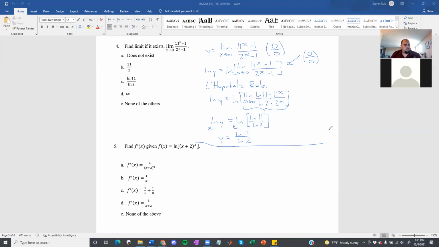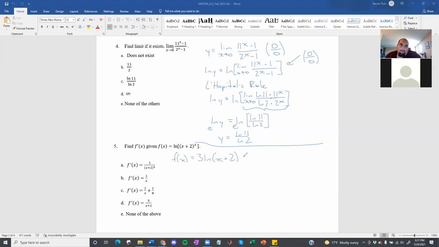Okay, cool. So then moving on to number 5, find the f prime of x given f of x equals natural log of x plus 2 to the third. Couldn't we take out that 3, move it to the front, so it'd be 3 natural log of x plus 2? Yep, if you got that, then this thing becomes quite a bit simpler.